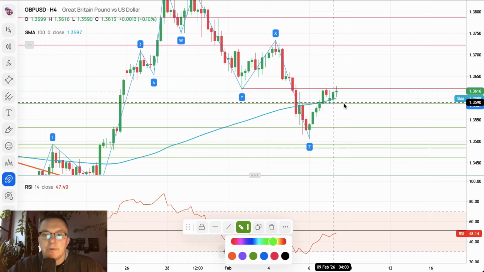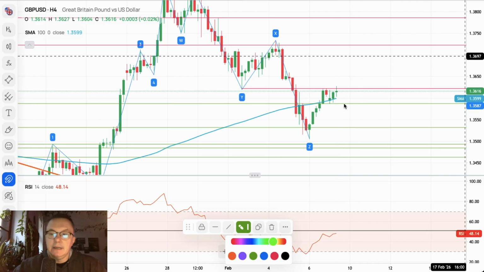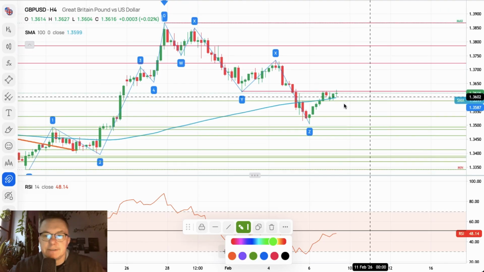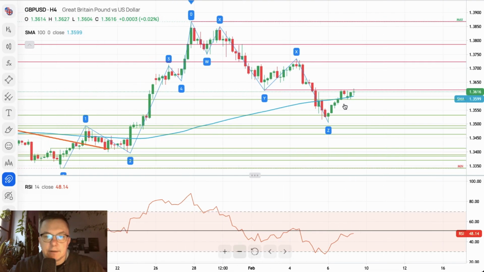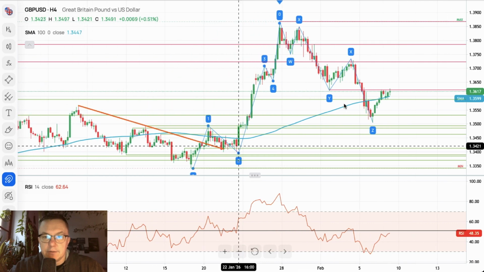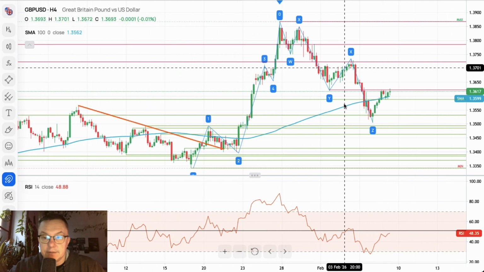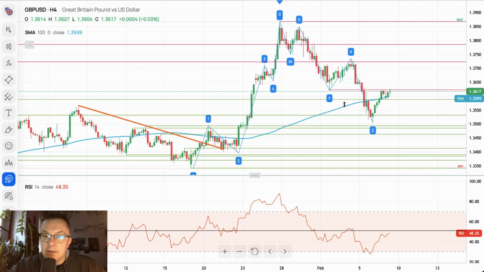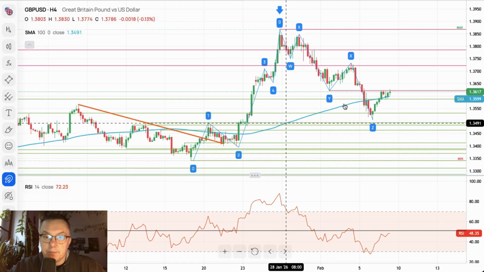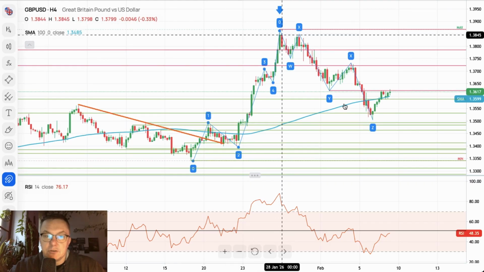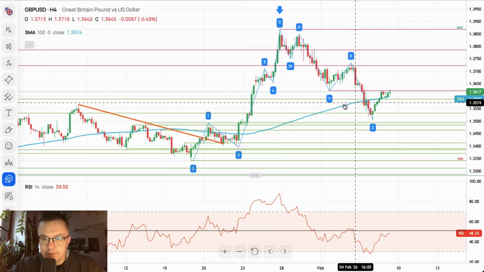So we closed inside of this zone, waiting for a breakout, and situation is the same as it is on the euro dollar. 5 wave to the upside completed, complex corrective cycle completed. If there is intention to build the next leg to the upside, it should be impulsive, it should be dynamic, it should be aggressive movement to the upside.